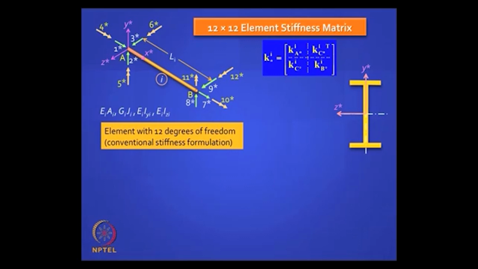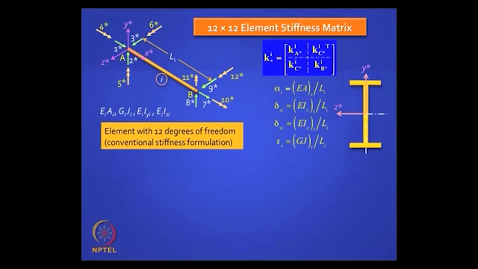Is it clear? So with this as your reference, can you write down, and let us use these symbols, alpha to represent axial stiffness EA by L, delta, you have 2 deltas, you have bending about the major axis, which is what we call EIz by L, and bending about the weaker axis, the horizontal bending, that is EIy by L, and then you have to multiply by 4 or 2, whichever is appropriate, or 6, and then you have the torsional stiffness, which is GJ by L, right.